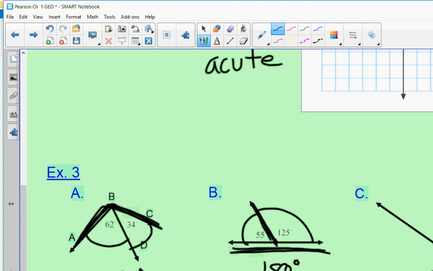So remember, a line or a straight angle. Sorry, my writing's not very good down here at the bottom. My writing's not very good, period. So two terms mean the same thing when something's 180 degrees, okay?